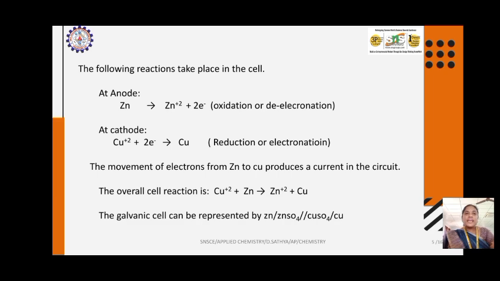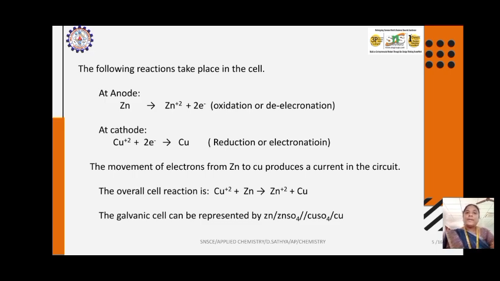The following reactions take place in the cell. Zinc loses electrons to form Zn2+, so oxidation occurs. Oxidation means the loss of electrons. At the cathode side, copper gains 2 electrons, that means reduction occurs. Oxidation occurs in one half of the cell, which is called the anode.